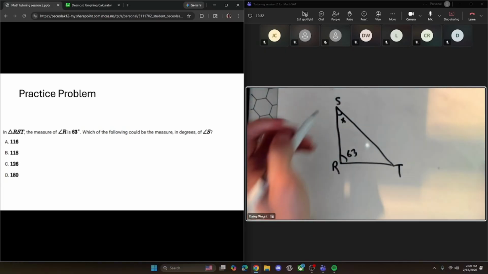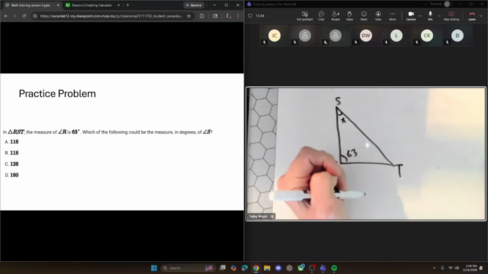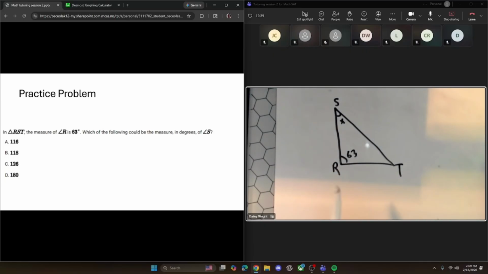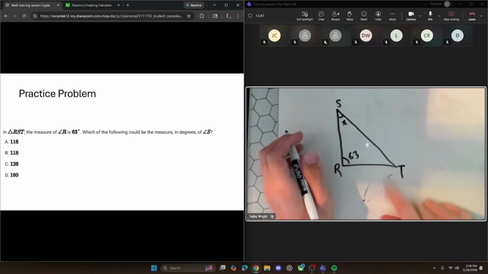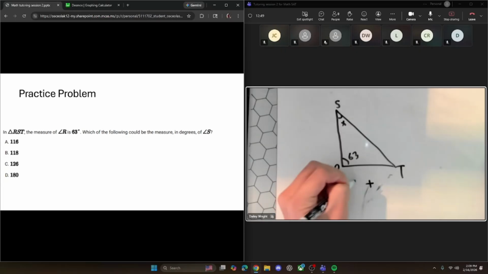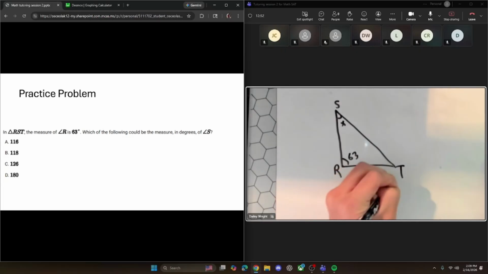So we know all of the angles in a triangle add up to 180. So R plus S has to be less than 180. One second. Yeah, 63 plus X. That's what I meant to do. 63 plus X has to be less than 180.